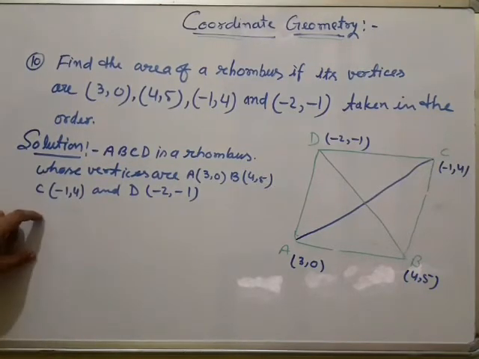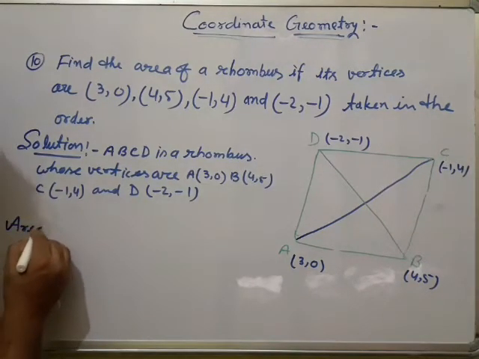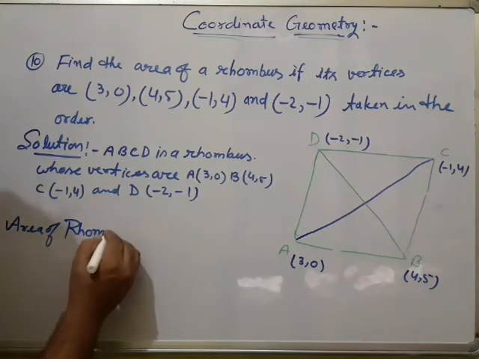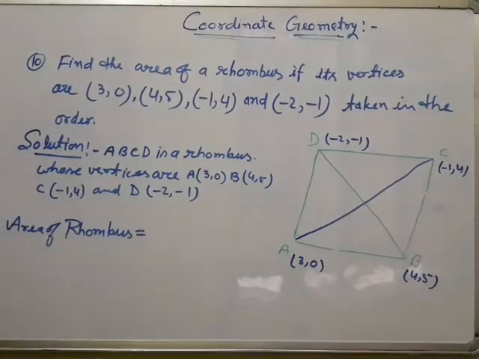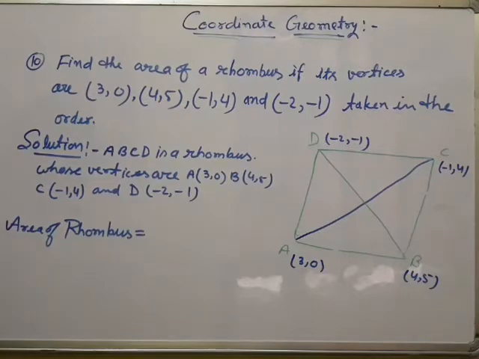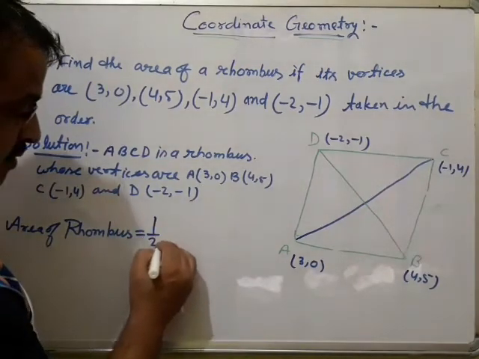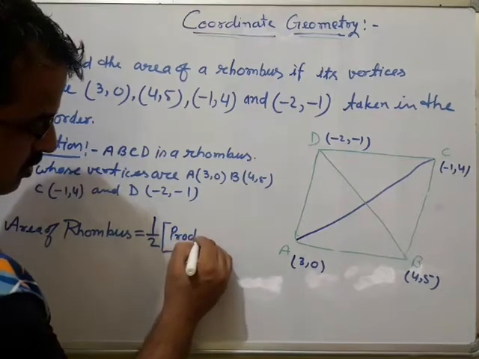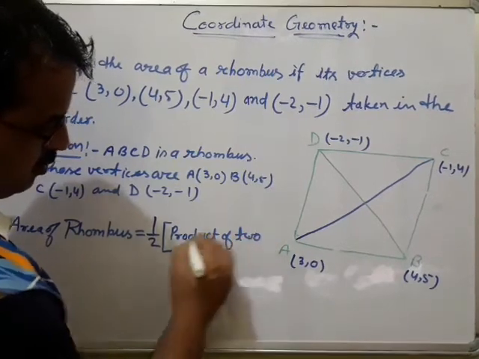So we know that the area of a rhombus is equal to half into the product of two diagonals, half D1 into D2.